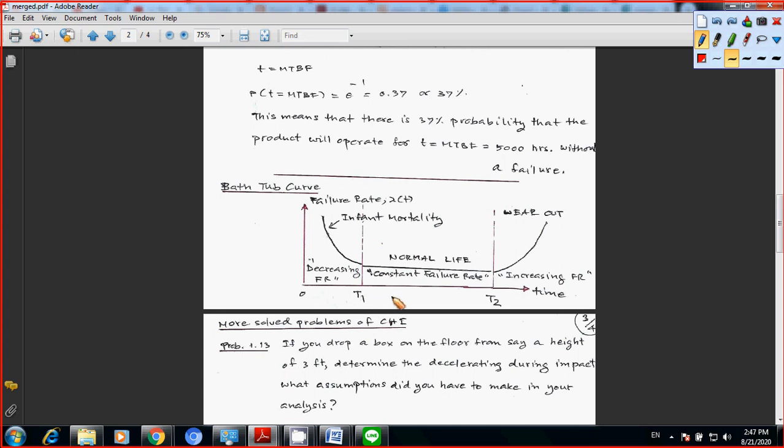The first region they call infant mortality. You have a decreasing failure rate. FR stands for failure rate. And then from t1 to t2, we call it normal life, where you have a constant failure rate. And the last one is the wear-out region. You have an increasing failure rate. What does this mean? Why does it become like this?